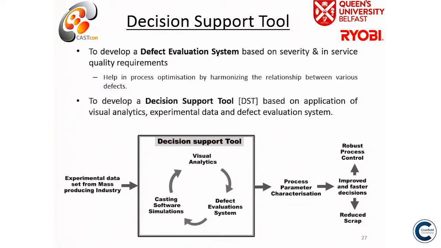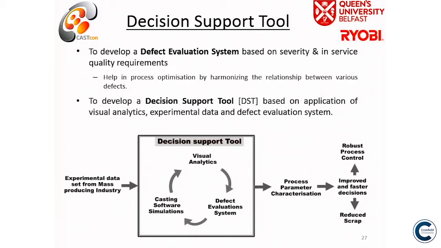But on top of that, what we're going to do then down here is take all of this experimental data that we have, put it in a loop with this visual analytics, this defect evaluation system, so we know how to quantify these defects. Link it in with simulations. I'll talk a little bit about that at the end. And at the end of it, we're going to see what are these characteristics that produce positive results and negative results.